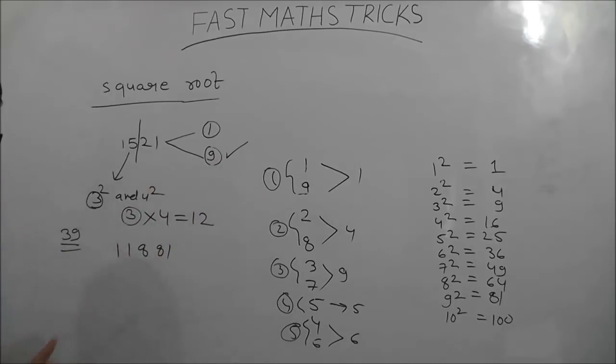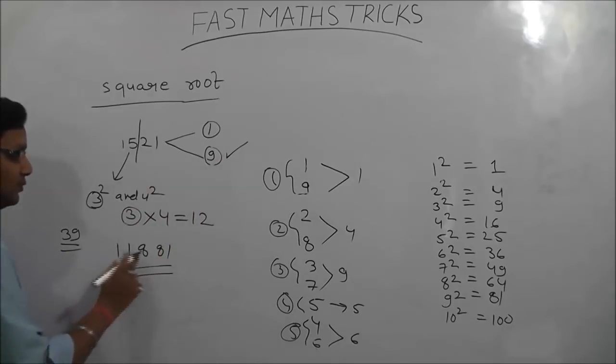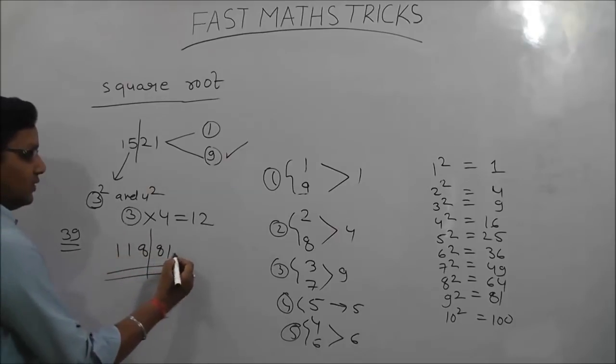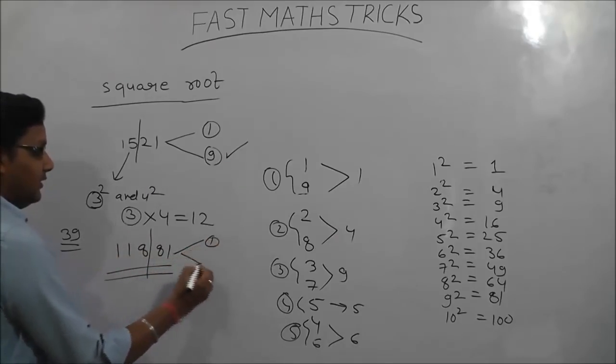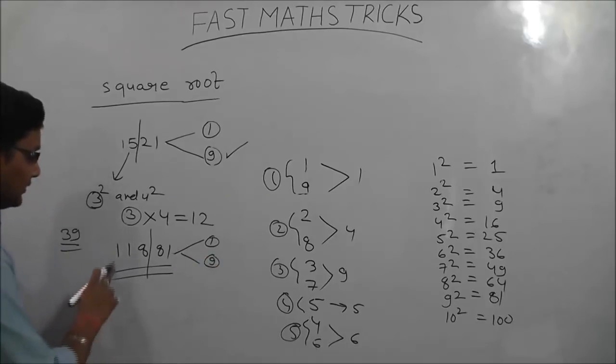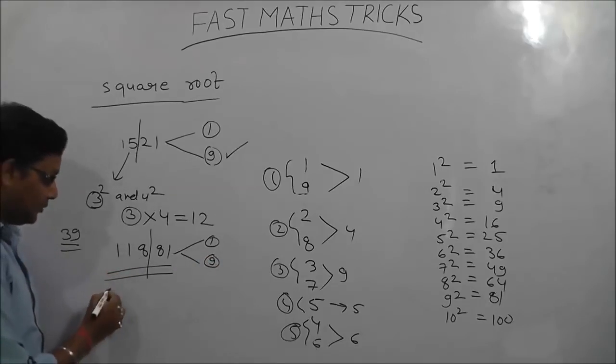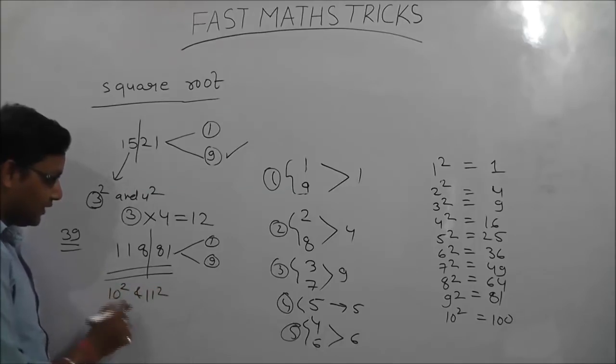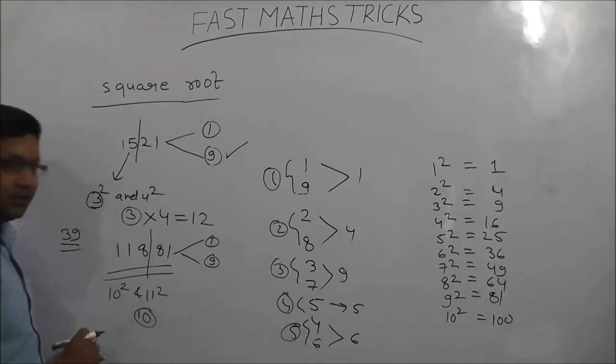Let's see one more example, 11881. Put a line after 2 digits. Ending with 1 means again 1 and 9. Then 118 is lying between 10 square and 11 square. So we take 10, because 10 is the lesser value.